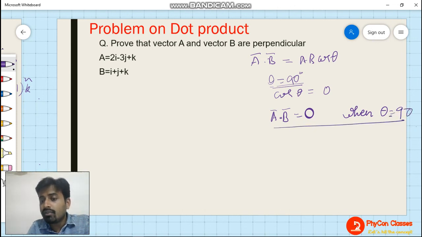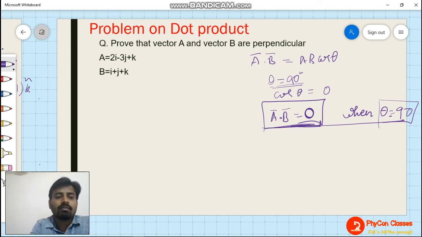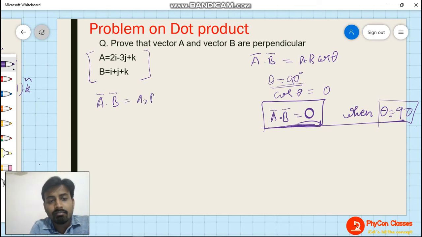Understand? So if we find that A dot B is coming out to be 0, then we can say that A and B are perpendicular to each other. That means theta is 90 degrees between A and B. So we are going to find the A dot B value for the rectangular components of A and B. For rectangular components, A dot B is AX BX plus AY BY plus AZ BZ.